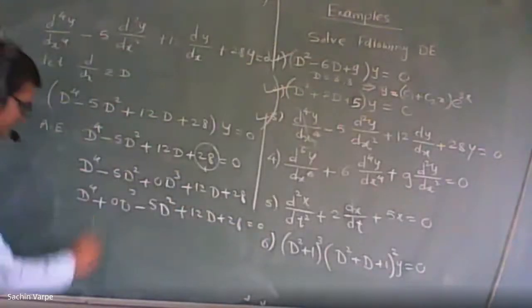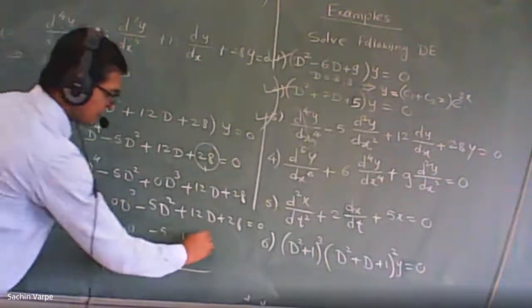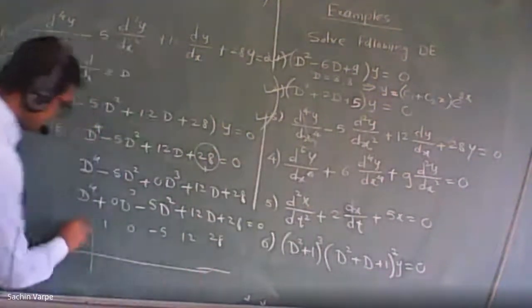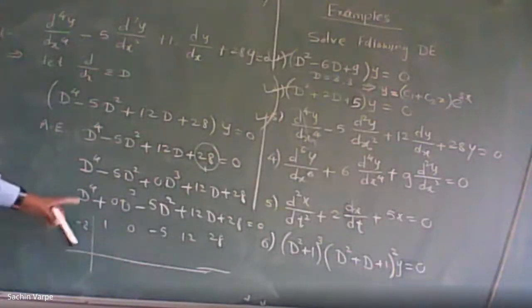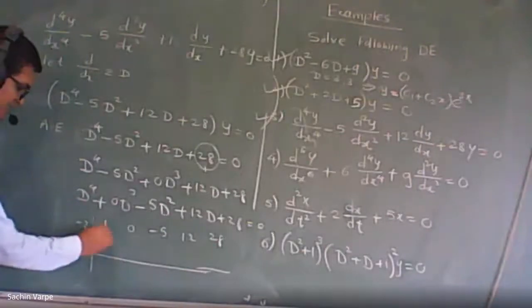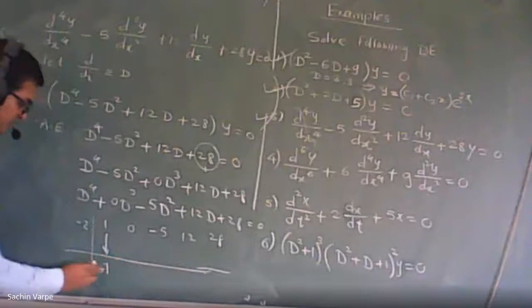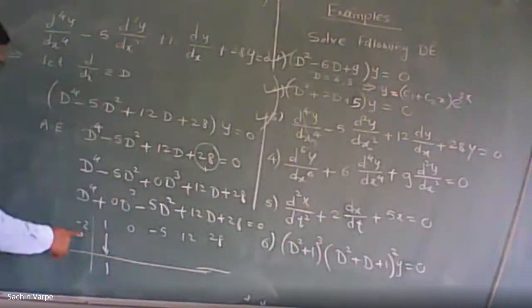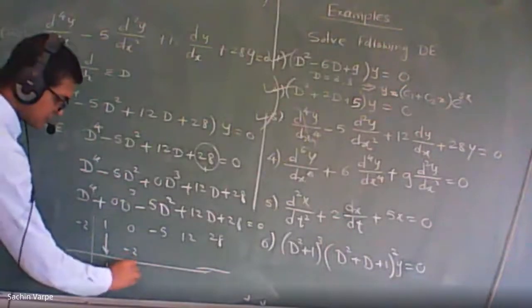Okay, so apply the synthetic division method now. 1, 0, minus 5, 12, 28, and minus 2. Is it okay now? Yes, sir. The first number we take as it is, as a carry. 1 into minus 2, minus 2. 0 plus minus 2 is minus 2.